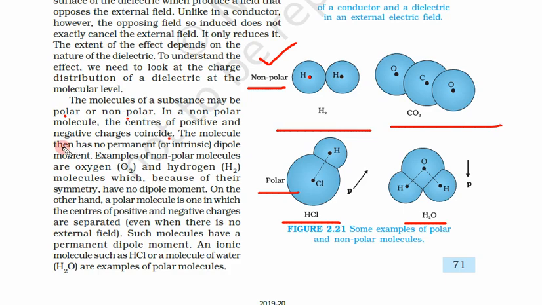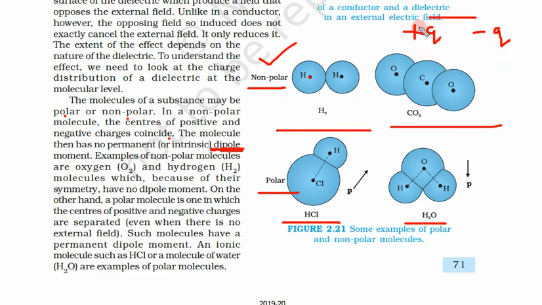The molecule then has no permanent or intrinsic dipole moment. So what is a dipole? There is some separation between positive and negative charges. There is a positive charge, there is a negative charge, and there is some separation between them. So this is a dipole.